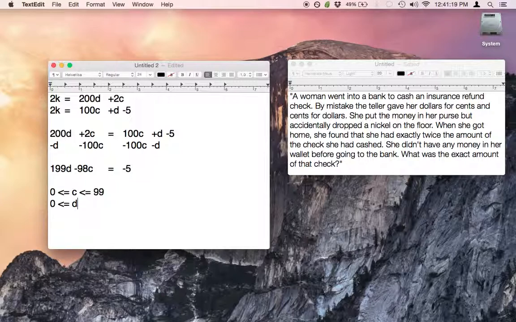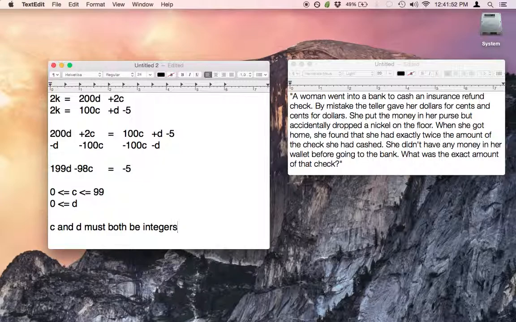Now these are some basic constraints that we have on our C and D variables, and also C and D must both be integers, because we're not going to be dealing with a fractional number of cents or a fractional number of dollars. This is the only implicit information in this problem that we didn't include in our original equations.